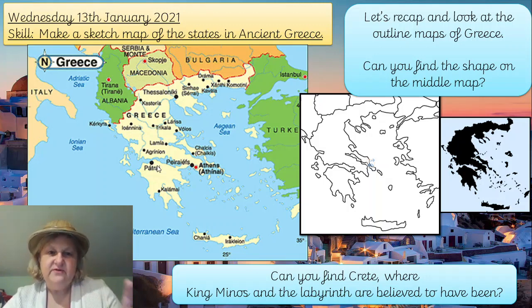But if you can spot that shape, it's also like a little three shape, almost like a trident, like a little fork hanging out here. And then we've got another island at the bottom. It's a big island, this one. Then you'll find it on the outline here where it shows lots more of those islands in the middle. There's a lot missing from this one, but if you want to add those in, you certainly can do that.